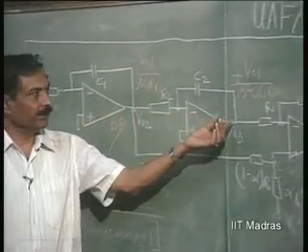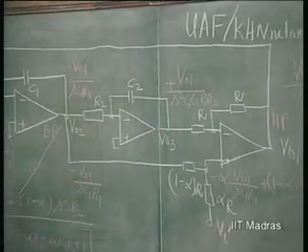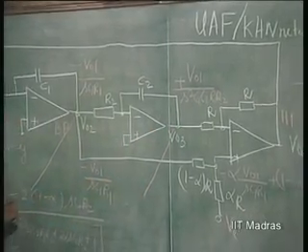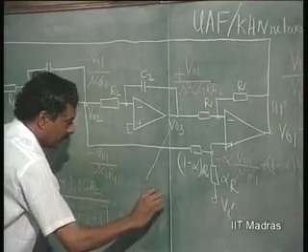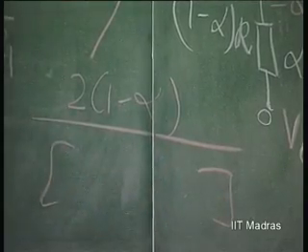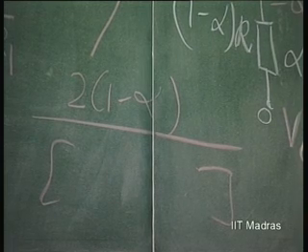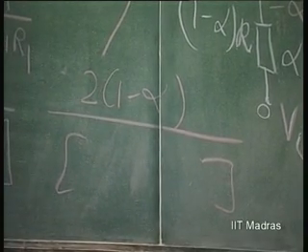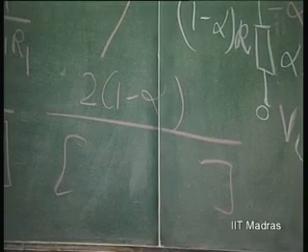Once again you integrate, you will get this output here, as again this sign changes to plus, divided by the same denominator, and therefore that is called low pass, because at S equal to 0 it is 2 into 1 minus alpha, and at S equal to infinity it is 0.